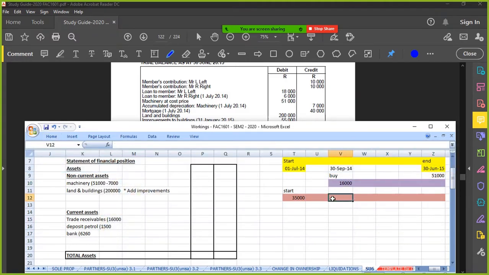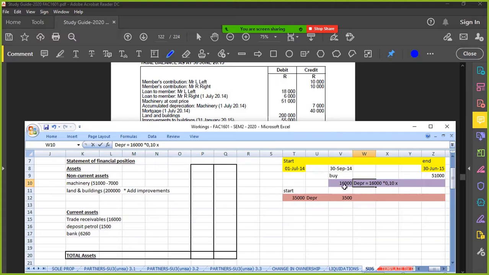Right, then I need to just times this by 10%. Do you agree? Yes. Okay, no pro rata for that one. This one, what do I need to do? Times it by 10% times 9 over 12.